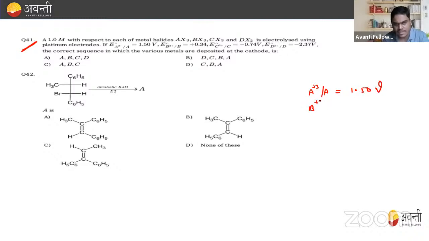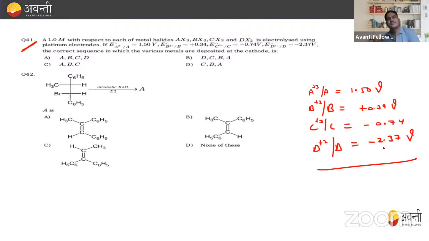Similarly for B2+ to B, the value is +0.34 volt. For C3+ to C, the reduction potential value is also given as 0.74. And for D2+ to D, it is minus 2.37 volt.